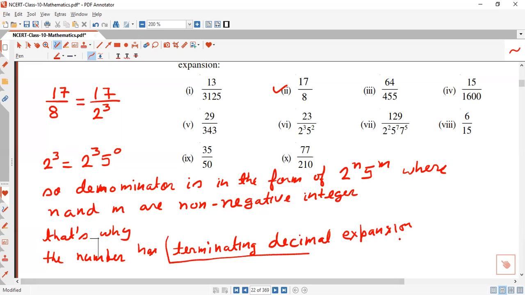The answer is terminating decimal expansion because the denominator can be written in the form of 2 raised to n, 5 raised to m.